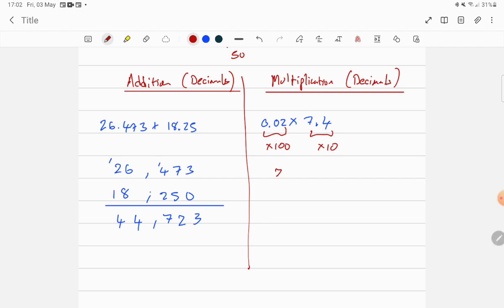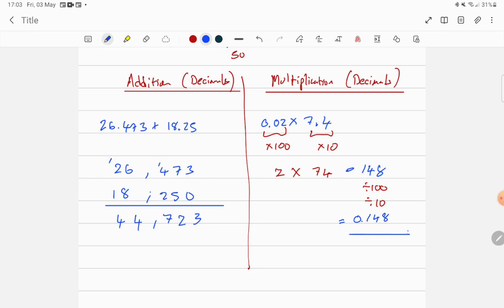So this would be 2 times 74, and that equals 148. And then remember, since we multiplied by 100 and by 10, we would divide by 100 and divide by 10. So essentially divide by 1,000. That would give us 0.148.